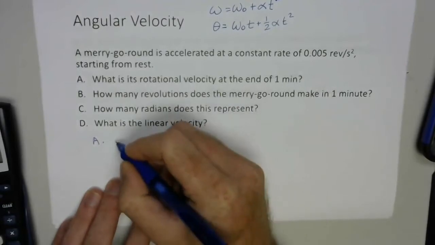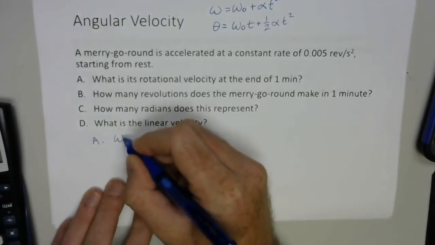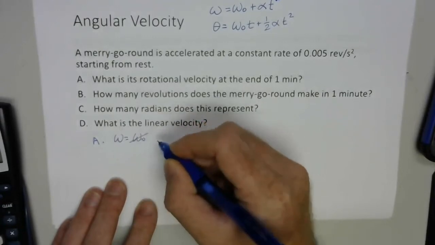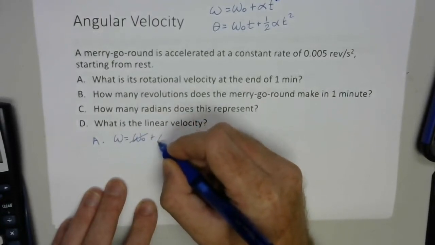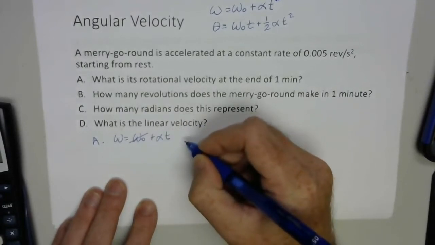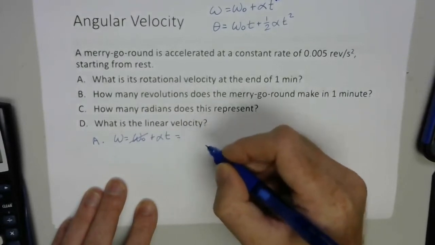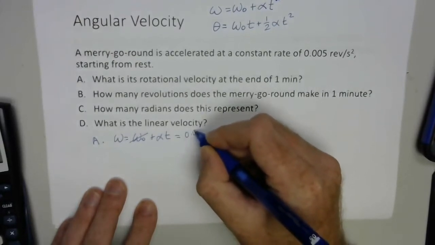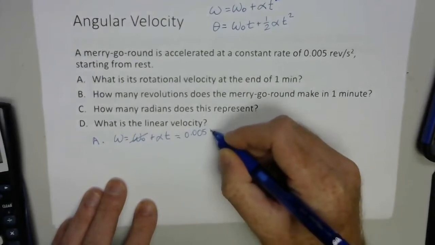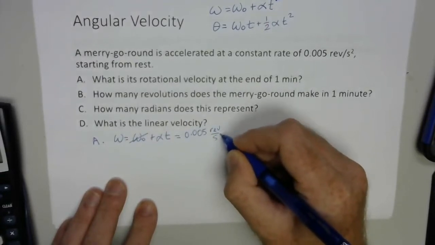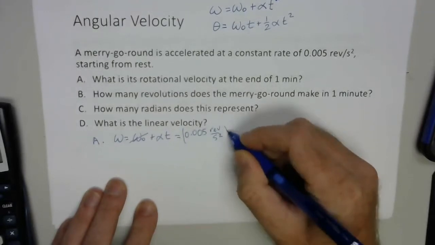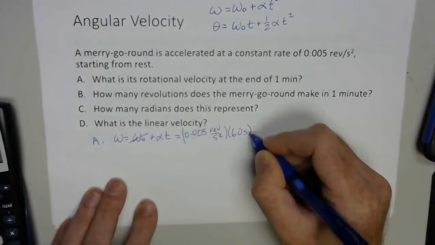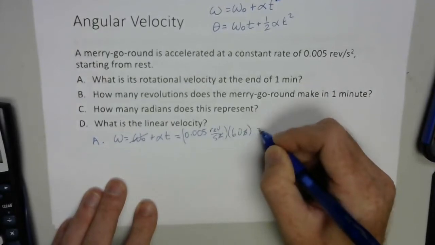Regardless, what's the rotational velocity? We're going to use that first equation. The initial velocity is 0 because it's at rest, so that goes away, plus the acceleration times the time. So we've got 0.005 revolutions per second squared times the time. 1 minute is 60 seconds, so one of those seconds will cancel.